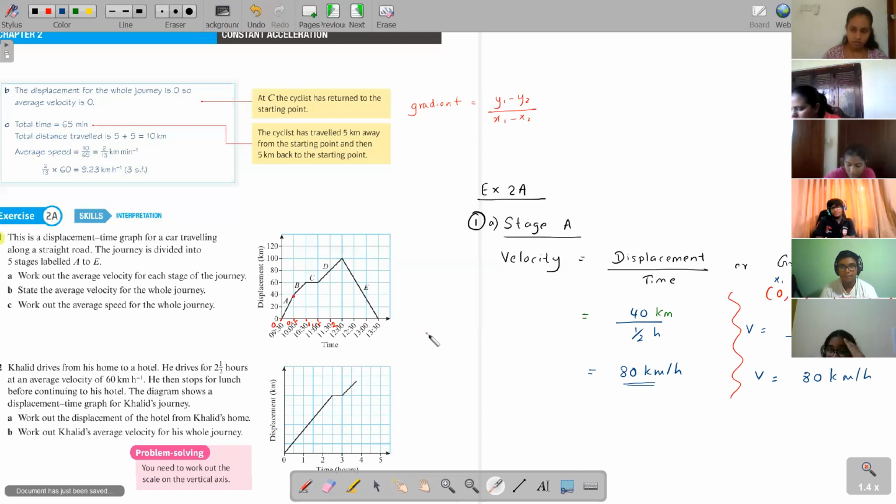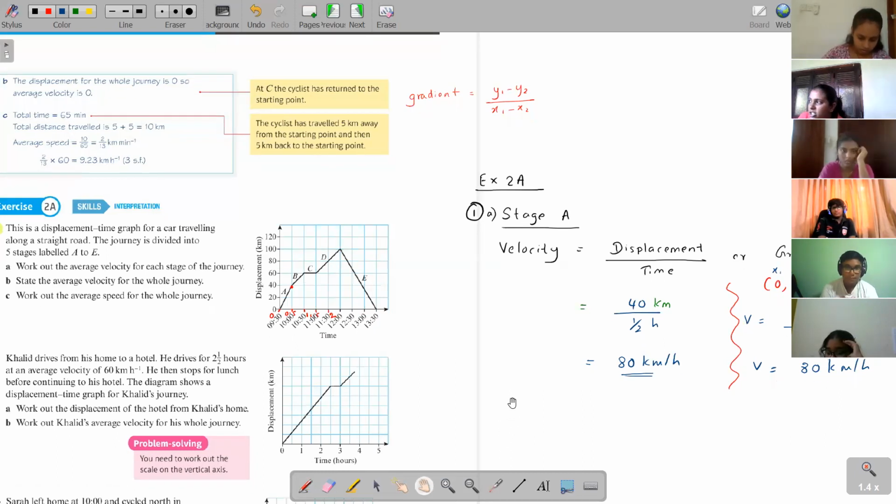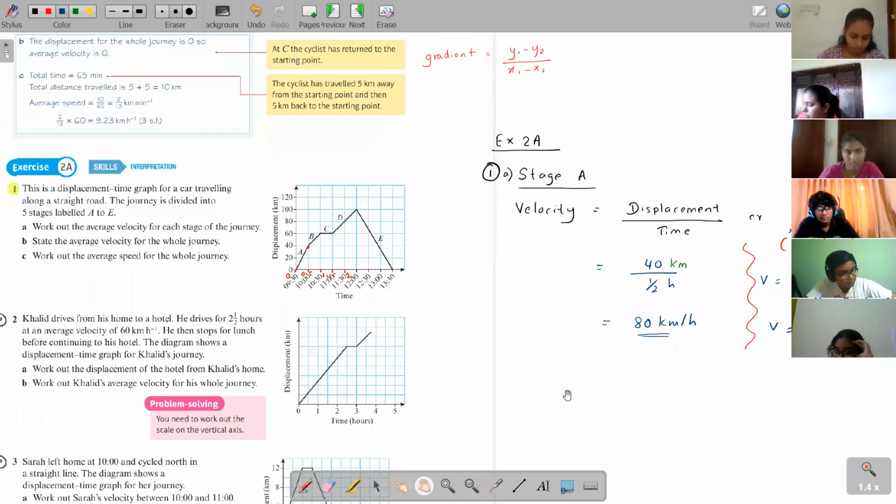Likewise, send me stage B, stage C, stage D, stage E. I want all these answers. Can you all please send me all these answers? I will do it in kilometers per hour. I already have the answers from Angelo, who has found all the stage velocities. Very good. Can you all get me the answers for stage B?